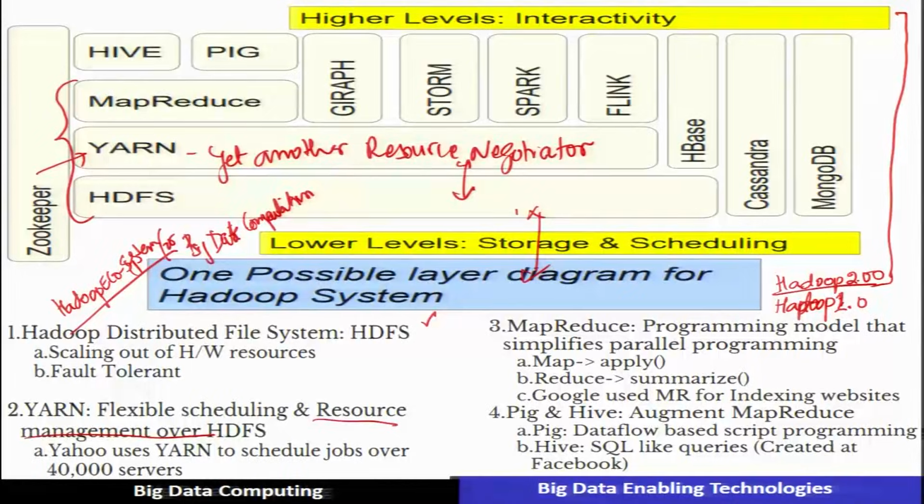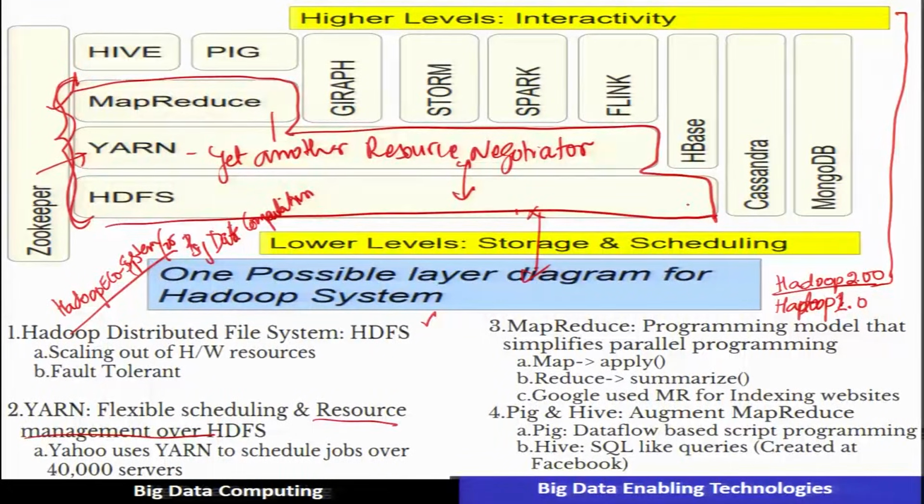And the resources which are required by the application are allocated using the resource manager, which is called Yarn. And the programming framework for this big data computation is MapReduce. So in Hadoop 2.0, there are three different main components: MapReduce, Yarn, and HDFS, which runs over the cluster.